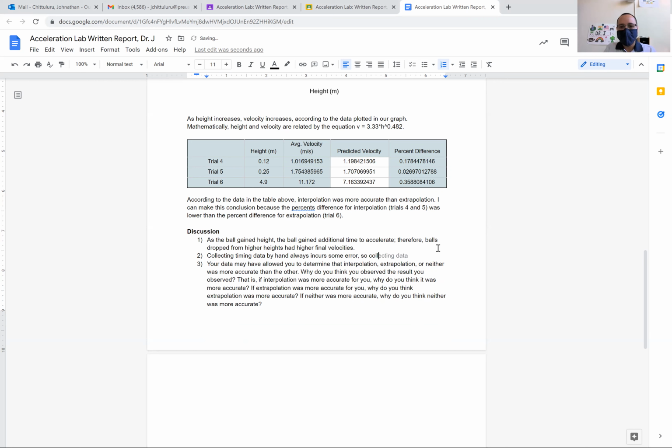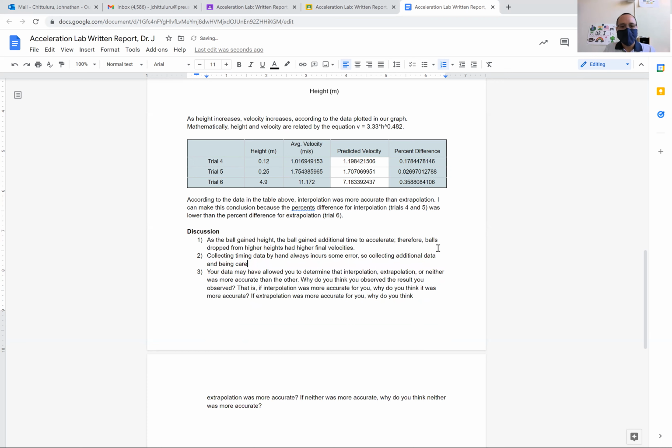So collecting additional data and being careful to avoid systematic errors like stopping or starting the timer too quickly or slowly, on average, is important. Period. Okay. Your data may have allowed you to determine whether interpolation or extrapolation was more accurate.